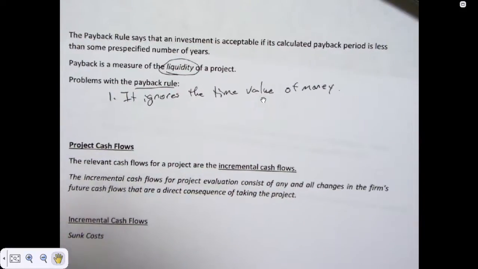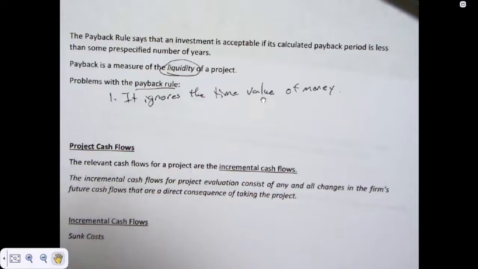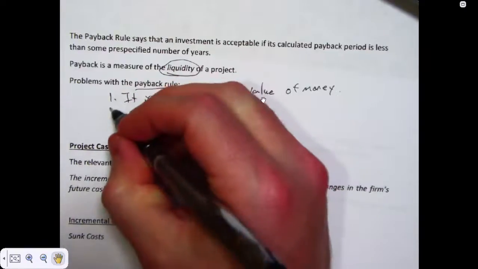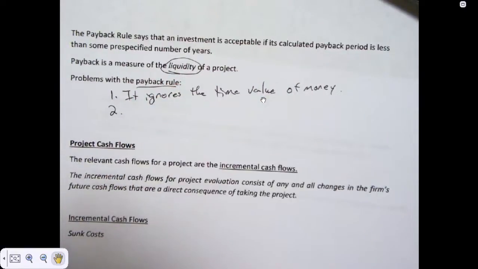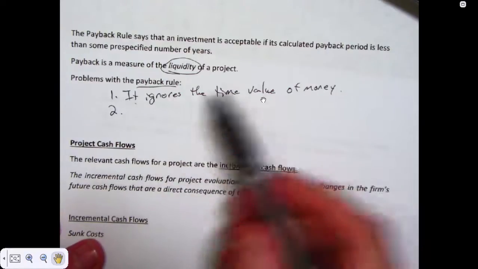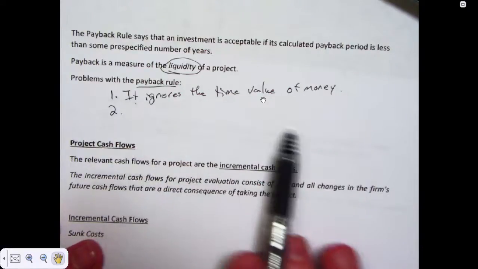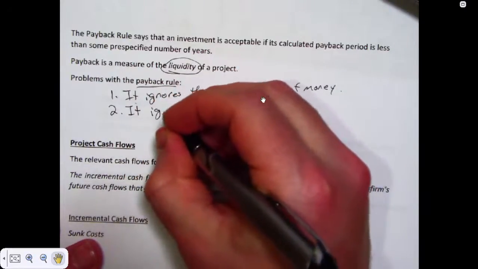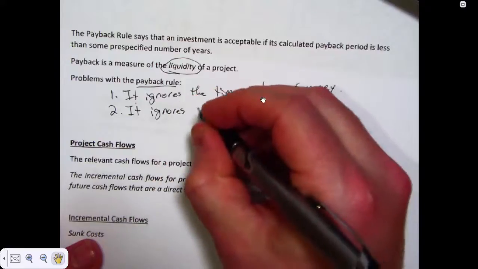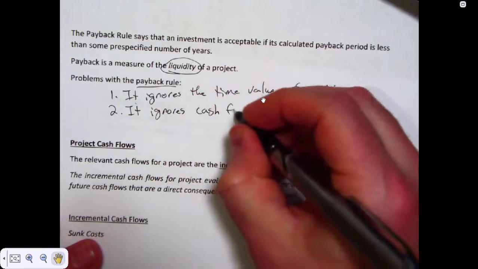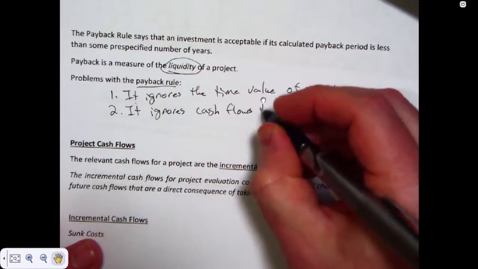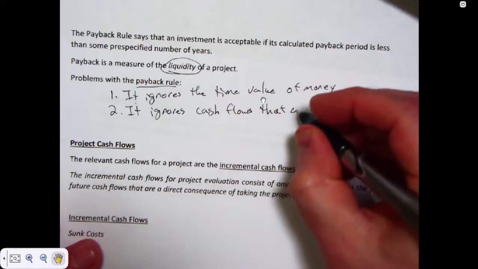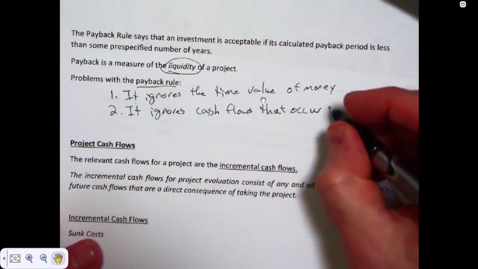But the regular payback method ignores the time value of money and it ignores cash flows that occur after the project is paid back, or after the predetermined number of years.